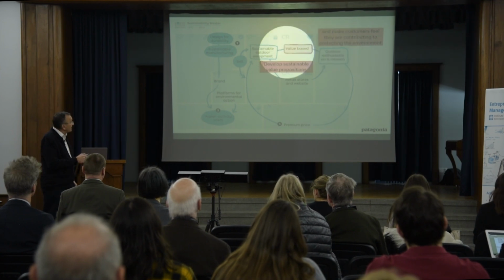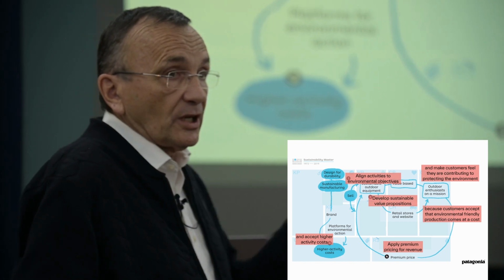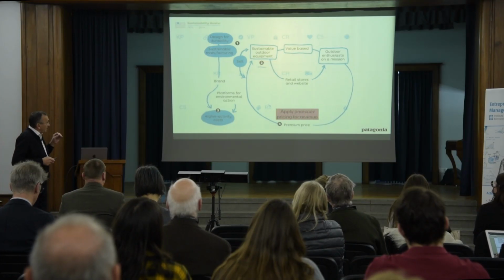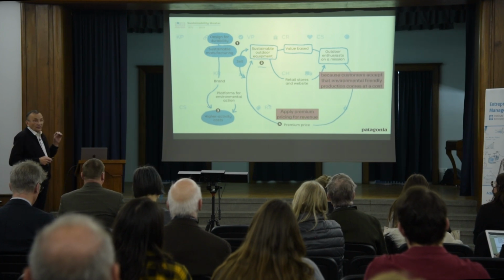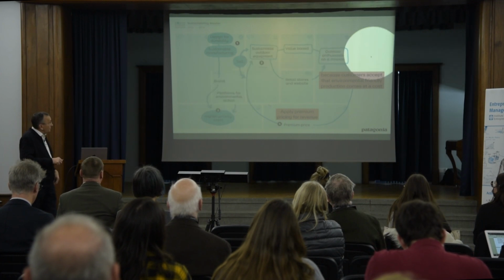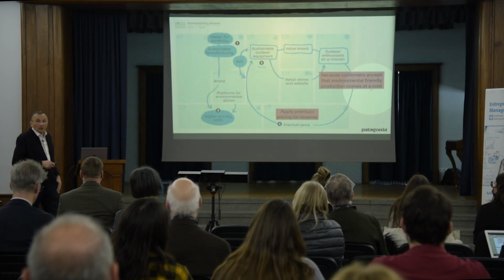This one is key: the customers need to share the same values as the company. And finally, they apply a premium pricing for revenue because they have to cover those higher costs, and also because customers accept that environmentally friendly production comes at a cost.